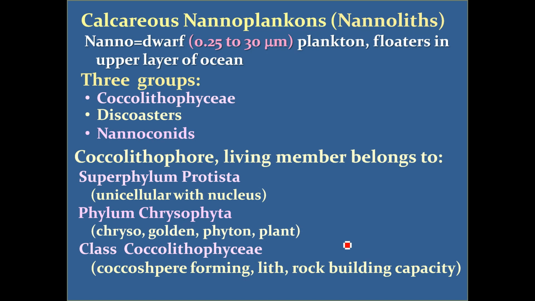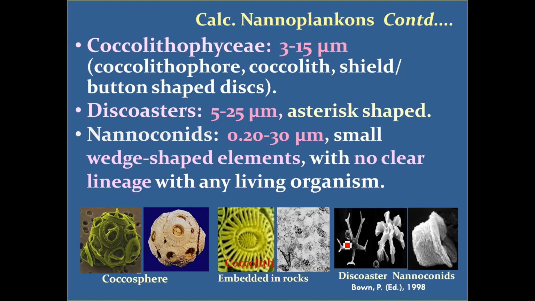Therefore, the name Coccolithophyceae was proposed. Calcareous nanoplanktons, as I said, have three groups. Coccolithophyceae algae range in size from 3 to 15 millimicron in diameter, and they wear shield-like buttons which are discarded upon its death or also during the lifetime.